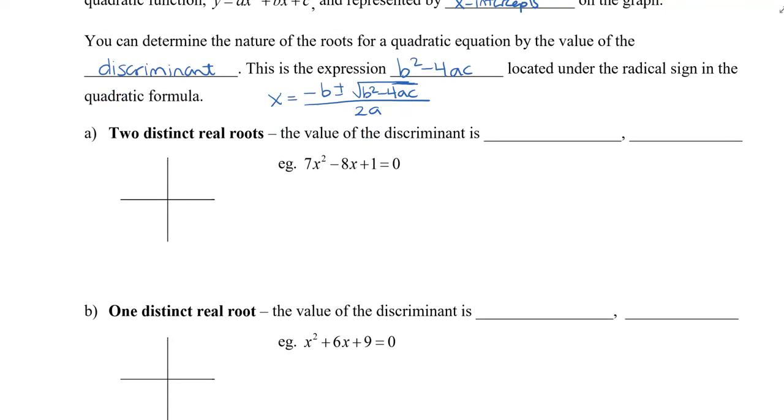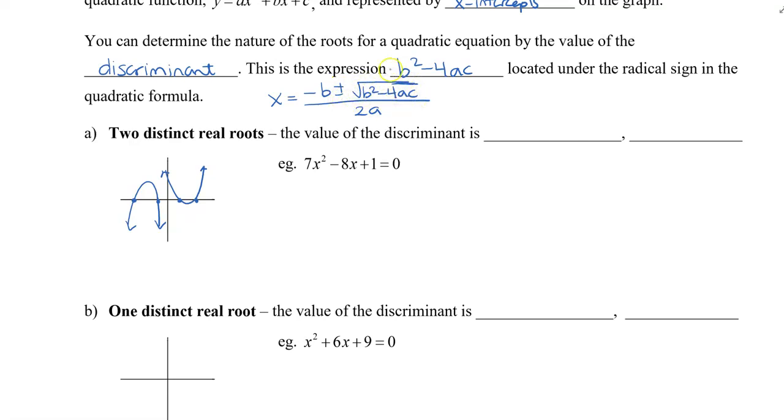The first one is that we can get 2 distinct roots, distinct real roots actually. So for example, when we draw a parabola, the graph will cross the x-axis 2 times. So why does this happen? The value of the discriminant, that means when I go negative b plus or minus, I actually have to be adding a number.